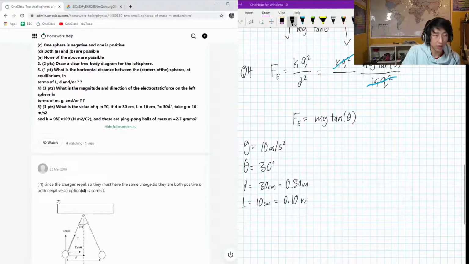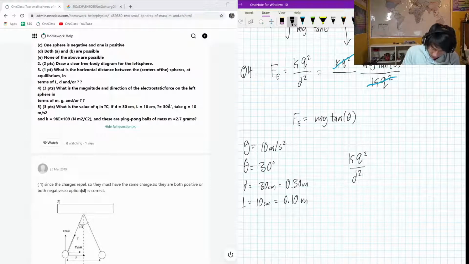All that is left here is the charge, and you see this equation right here? We can use this to find the charge. So we know that KQ squared over D squared is equal to mg tan theta.